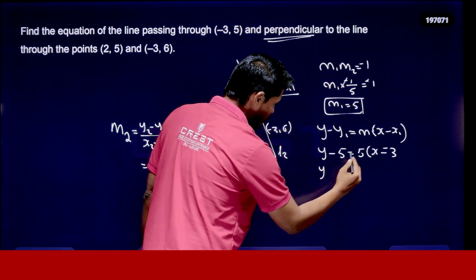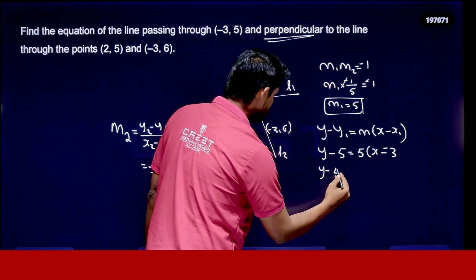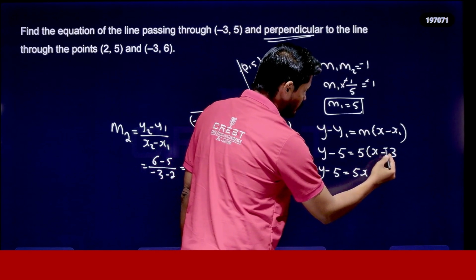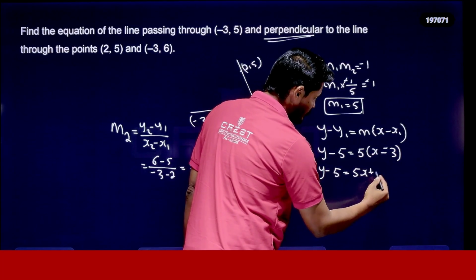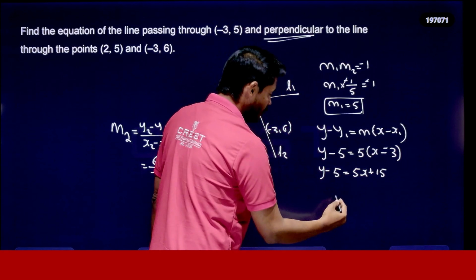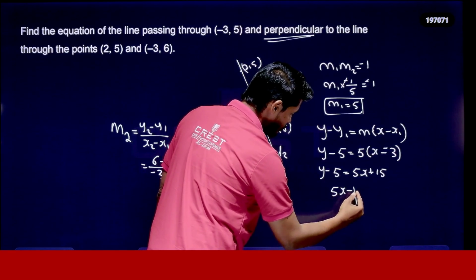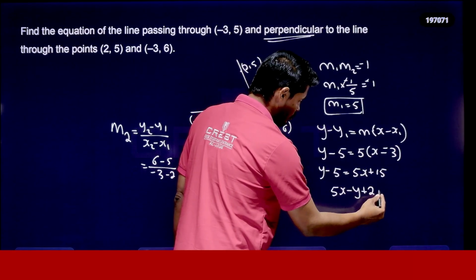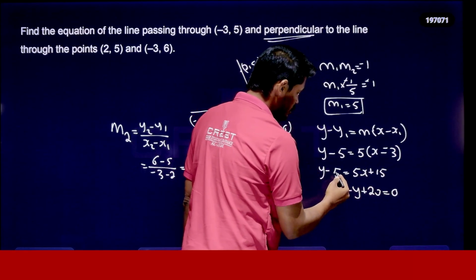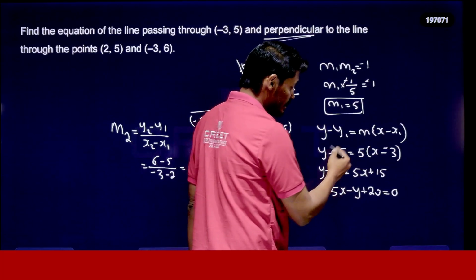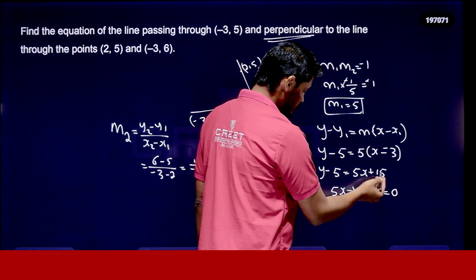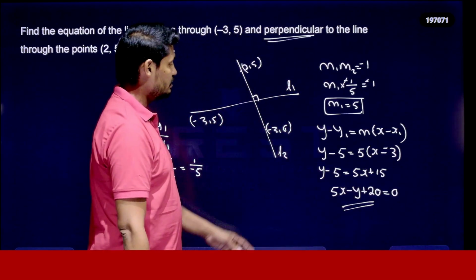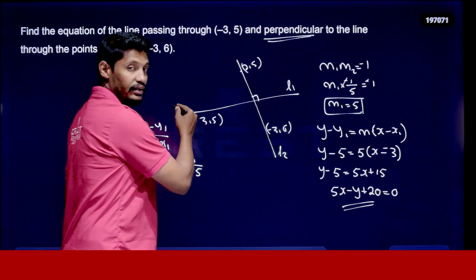So y minus 5 equal to 5x plus 15. When you solve further, you will get 5x minus y plus 20 equal to 0. Because this is minus 5, when you bring this minus 5 to the right hand side, it becomes plus 5, and 15 plus 5 is 20. You will get 5x minus y plus 20 equal to 0. That is the equation of the line L1.